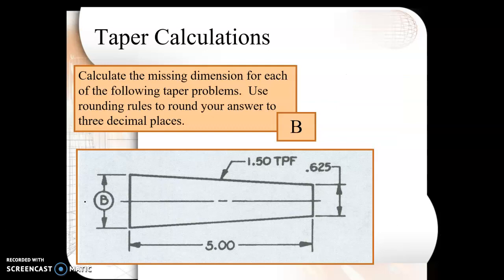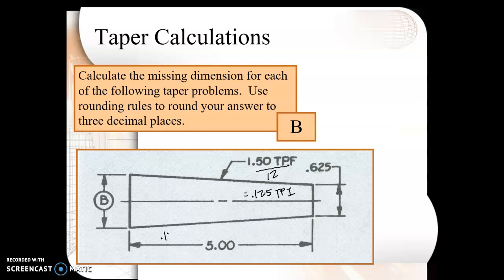Here we're starting at the small end and we want to calculate the dimension at the large end. We take our 1.50 TPF and divide it by 12. And so that would equal 0.125 TPI, taper per inch.